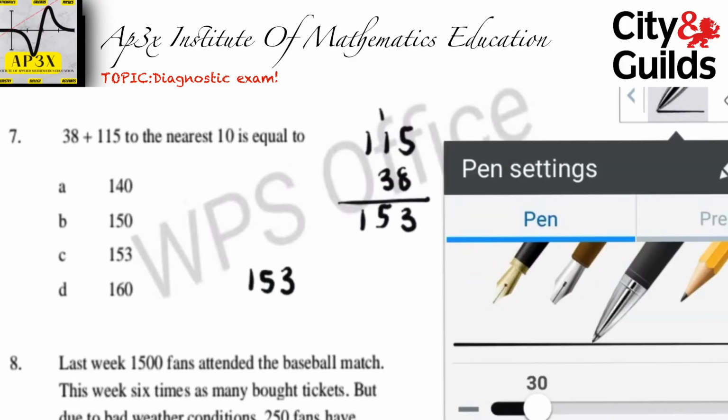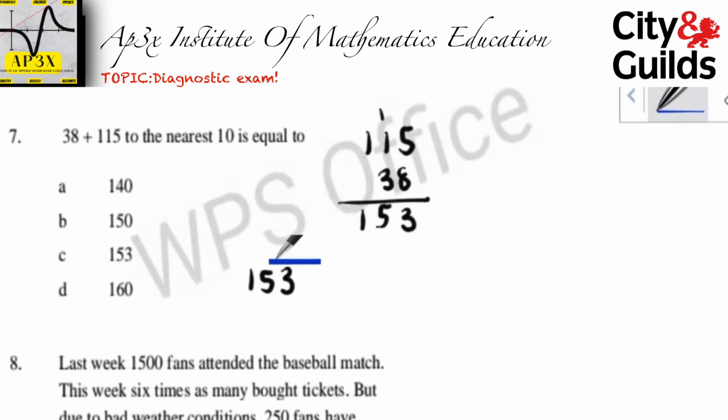So we're going to go ahead here and border off the 5 here, and we're going to identify whether or not this digit is less than 5 or if it's greater than or equal to 5. So since the 3 is less than 5, we're just going to simply replace the 3 with a 0. So therefore the correct answer here is going to be 150.